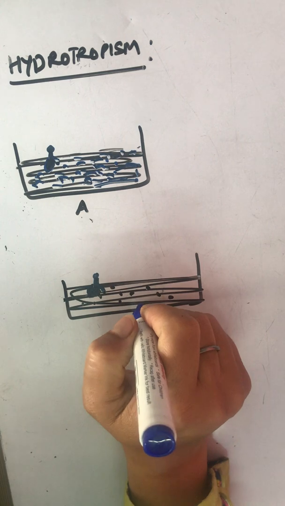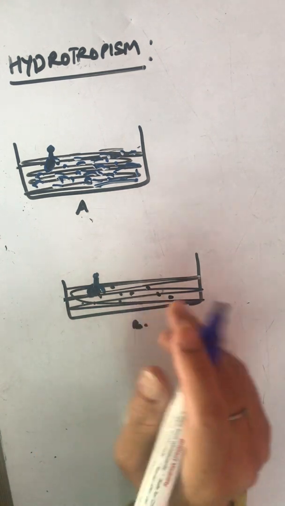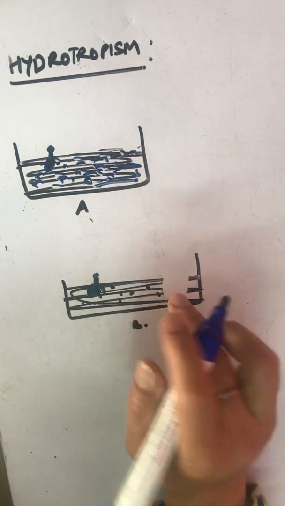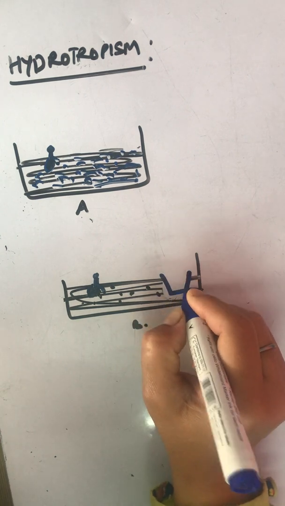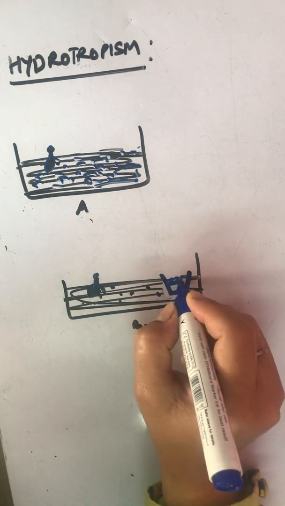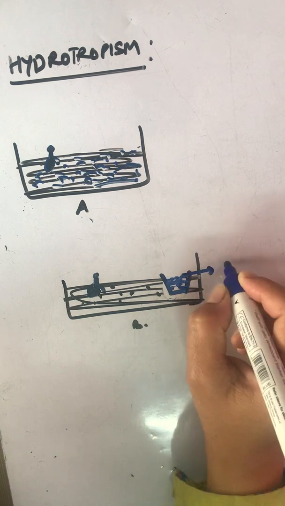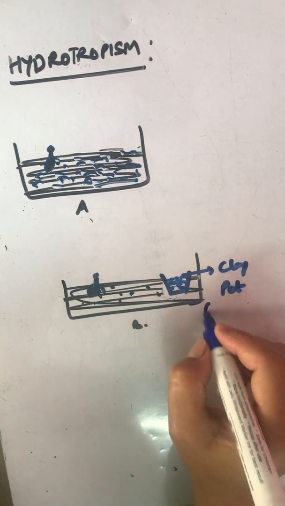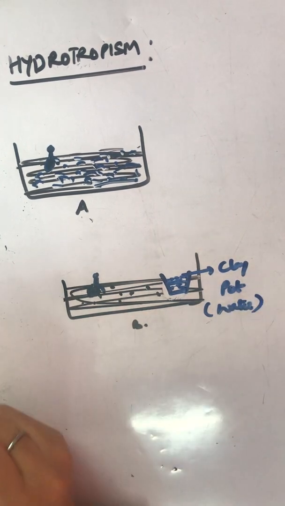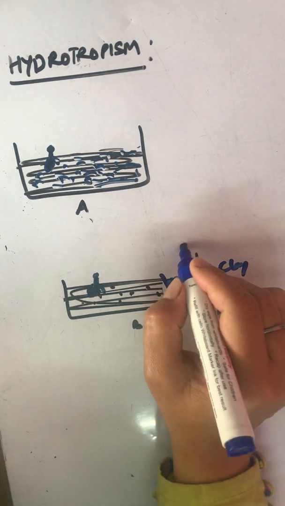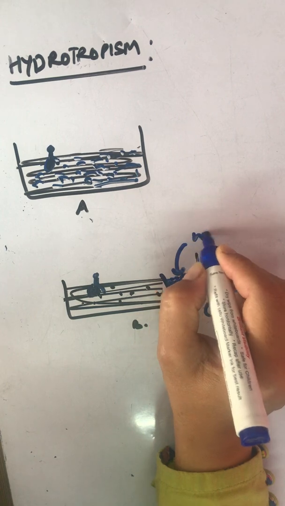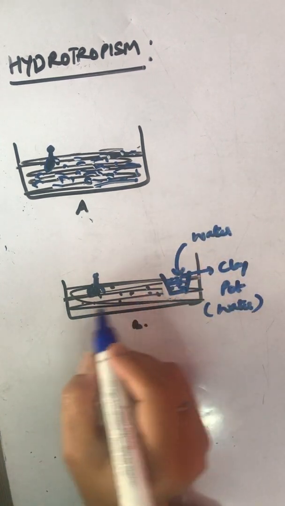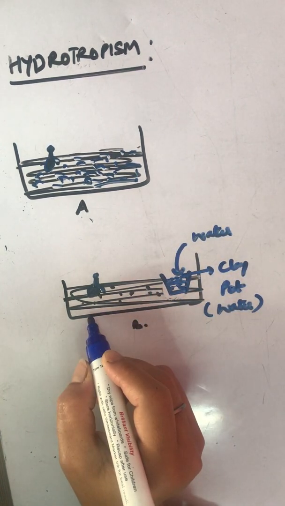And in B, I have placed a small clay pot which contains water, and I put water every day in this clay pot instead of watering the soil.